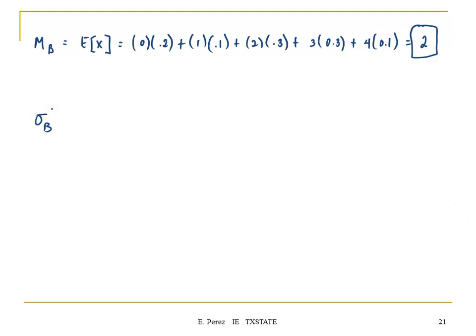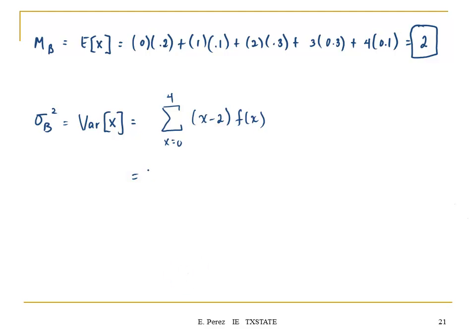Now for the variance, we still have the same expression, but we go from x equals 0 to 4, of x minus 2 squared times f of x.